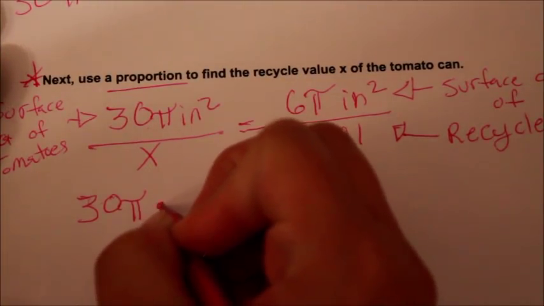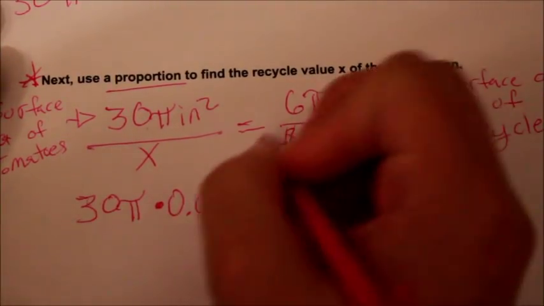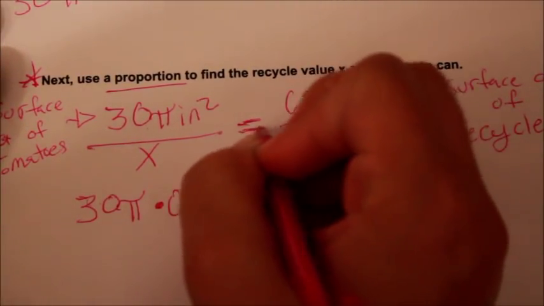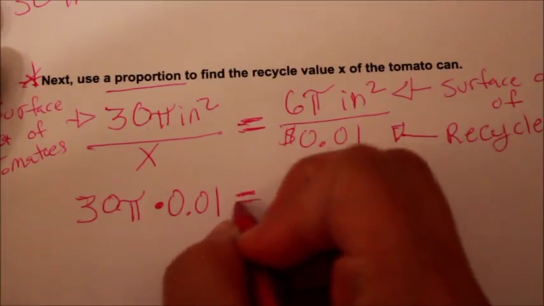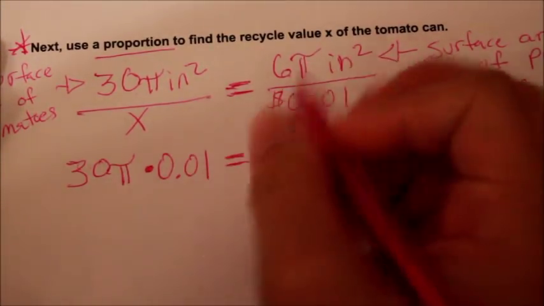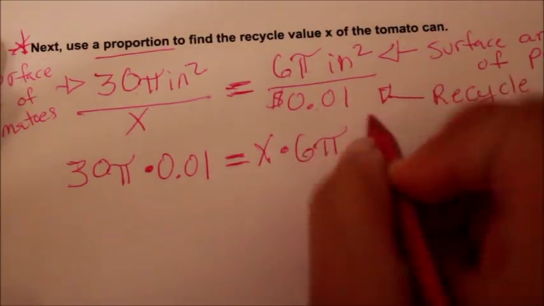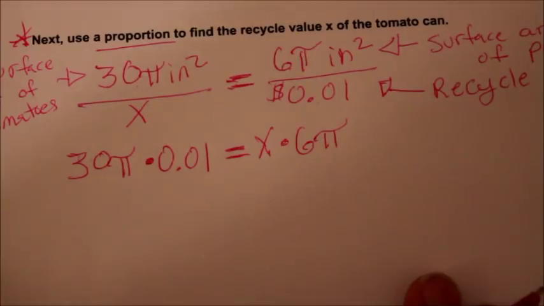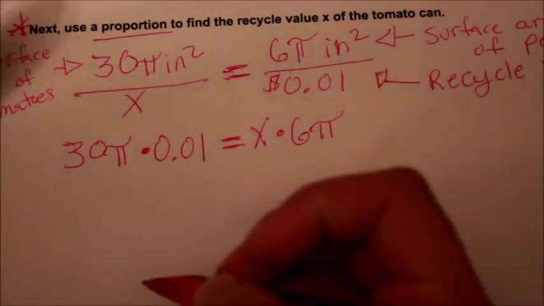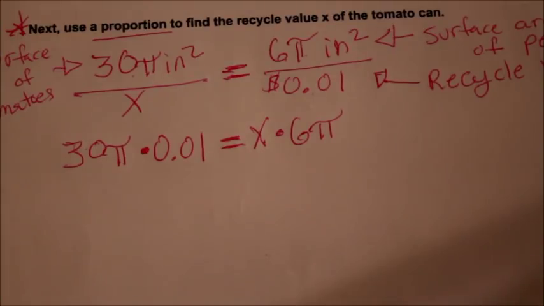Times 0.01, equal to, because we have this equivalence sign here, we need to have an equal sign here, 6 times pi times x, or x times 6 pi. We're going to multiply that through. I'm going to give you a moment.